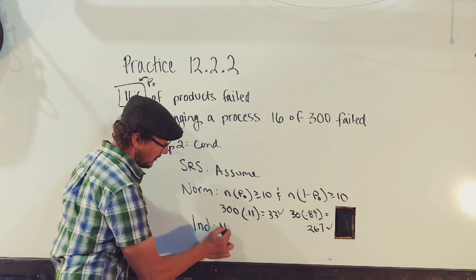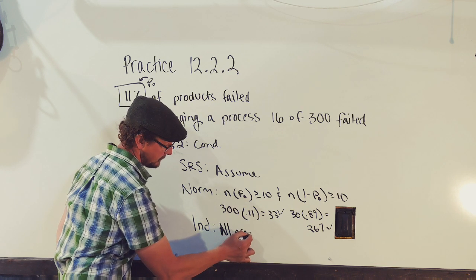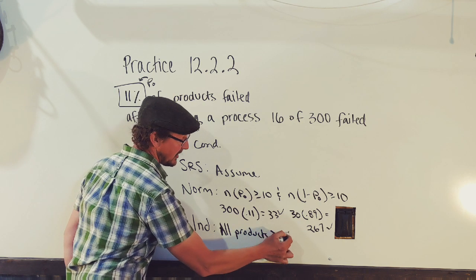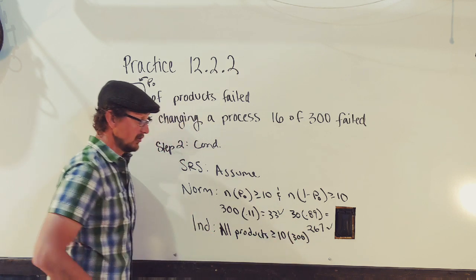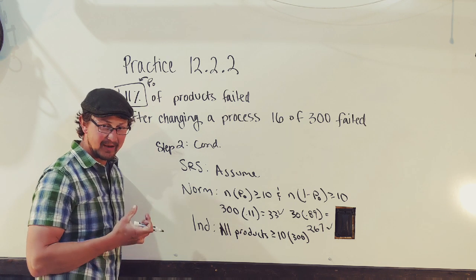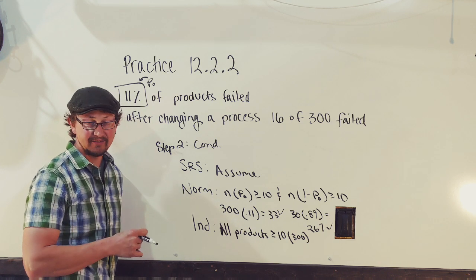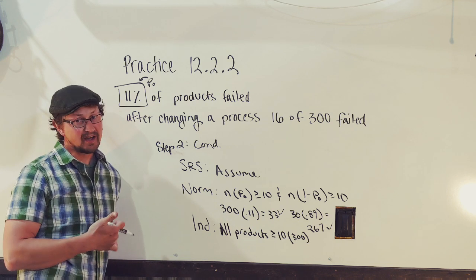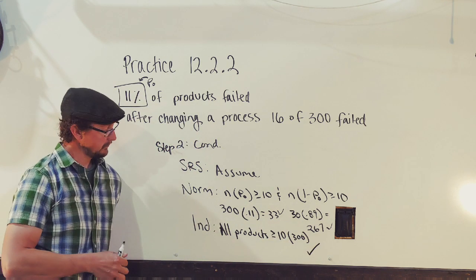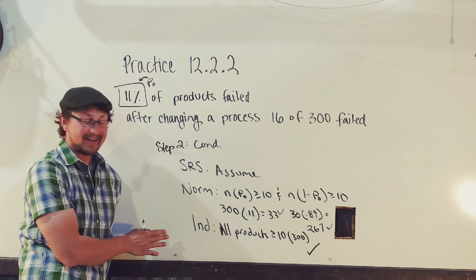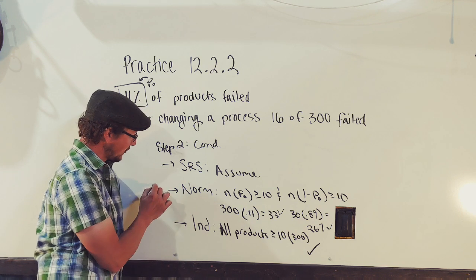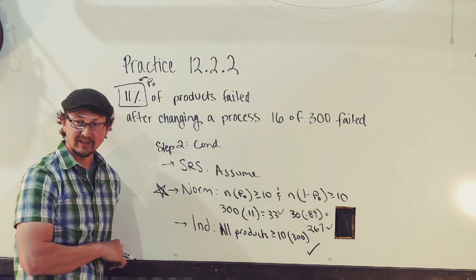Independence: all products has to be greater or equal to 10 times my sample size. So I would like to think if a company is producing products that 3,000 is a pretty small number as far as production. Even if we're making big things like cars, 3,000 is a pretty small number for production. So I think we're good to go there. So you see that conditions, again, we're looking for the same three items, but the way we do normality has changed just a little bit.